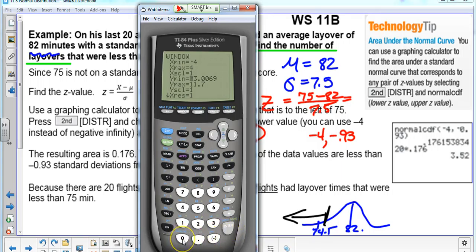And I'm going to set my y from 0 to, I think only I need 0.5 or something. All right, then I'm going to go back here. I got to clear the graph.